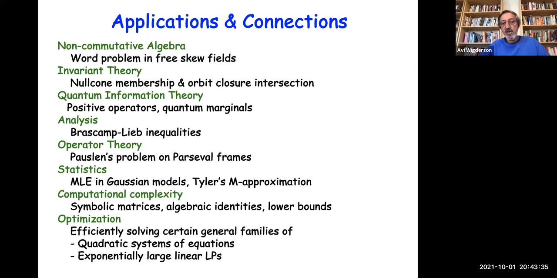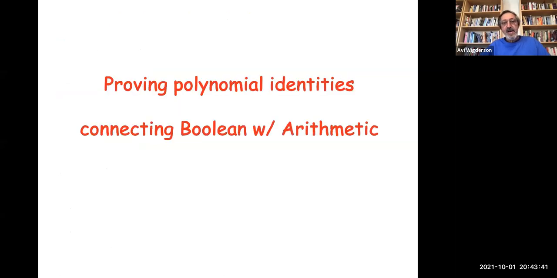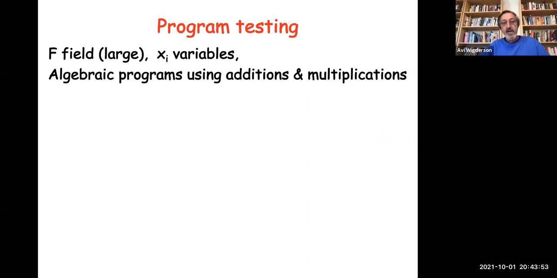And I'm sure this work will feature in many other talks that you are listening to. So the last thing I want to mention is this polynomial identity testing problem, which somehow connects the Boolean and arithmetic world that I talked about. It's motivated, in many ways, by program testing.